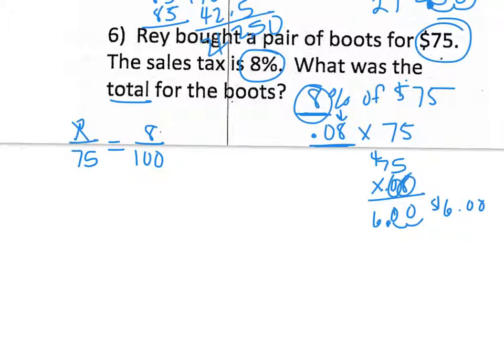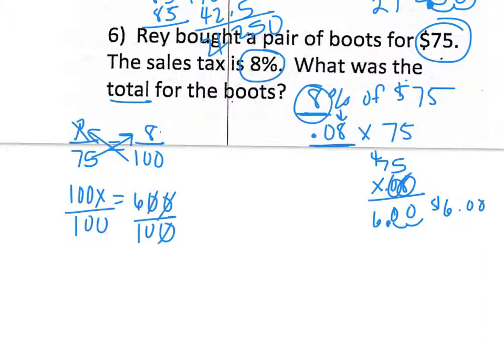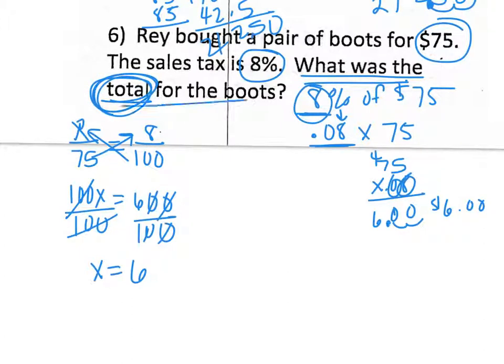Let's see if we get the same thing this way. We have 100x equals 600, and then we divide each side by 100, and we get x equals 6. So we get the same thing, but have we answered the question? Let's go back and check. What was the total for the boots?